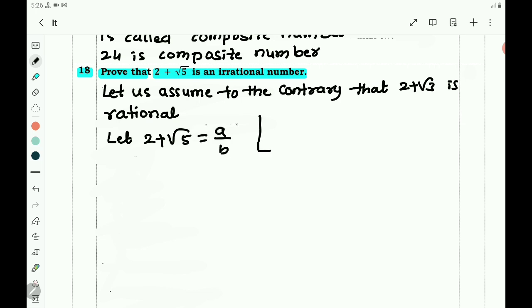What are a and b? A and b are co-primes, means their HCF is 1. They are positive integers. They are having only one common factor, that is 1. So you write a and b are co-primes, their HCF is 1.